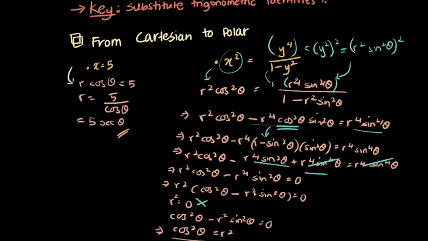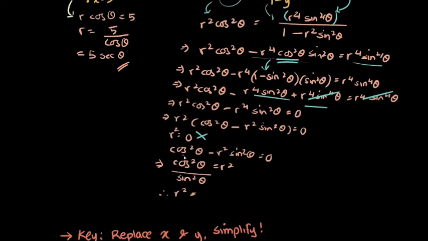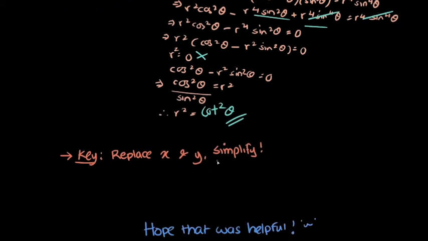So when we look at this, you have cos squared theta minus r squared sin squared theta. And if you take this to the other side, basically what you get is cos squared theta. That's your answer. So basically the key here is to replace x and y and simplify. As easy as that gets.